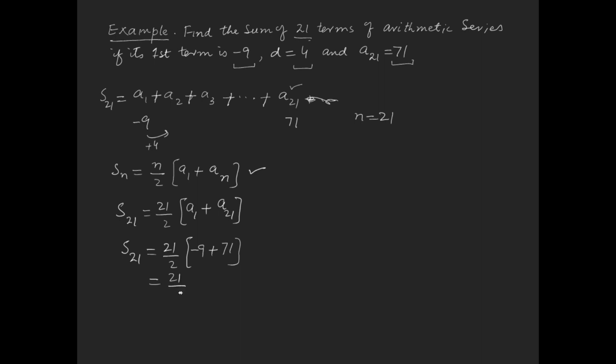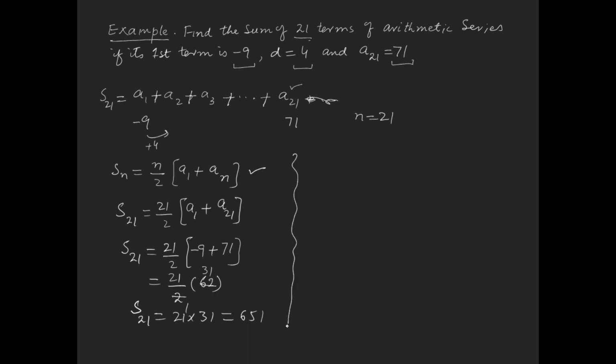So 21 divided by 2, and then we get the answer. This is 62, and cutting the 2 with 2, we get 21 multiplied by 31, and the answer is 651. So this is the sum of the first 21 terms of this series.